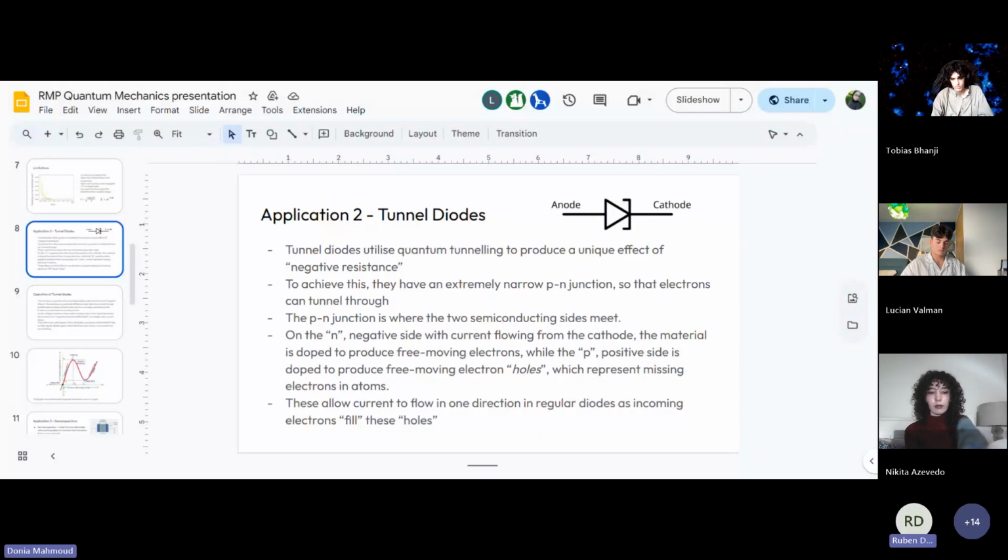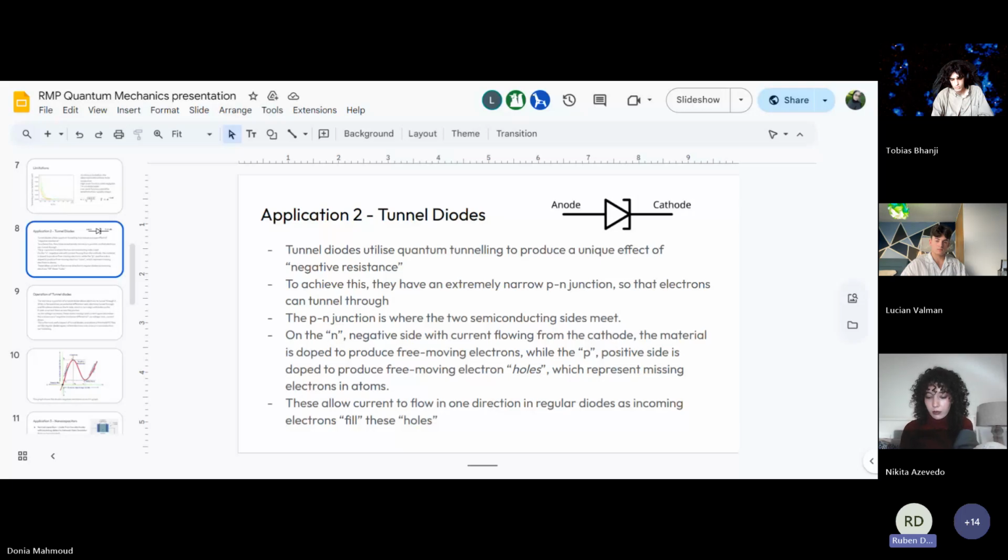So another application of quantum tunneling is in tunnel diodes, which are a unique type of diode, and they utilize quantum tunneling to produce an effect called negative resistance. To achieve this, they have an extremely narrow PN junction, which electrons can tunnel through. The PN junction is where the two semiconducting sides of the diode meet.